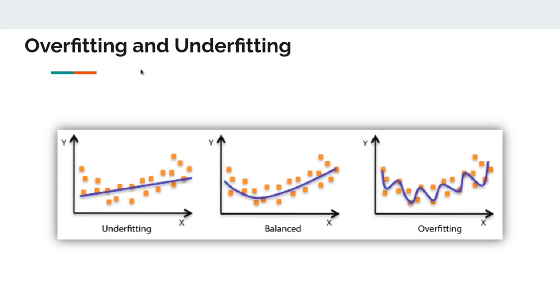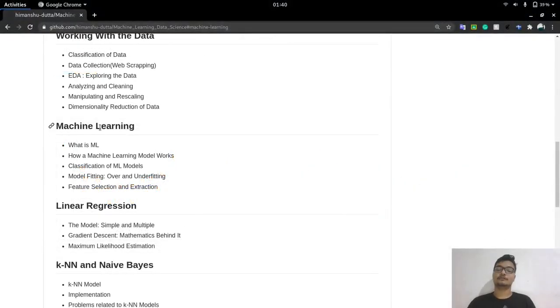So this basically covers the various topics that I wanted to discuss before getting into different models. This will give you a basic idea of how machine learning models actually work, how we classify them, and why we classify them. Then comes feature selection and extraction, which is just understanding which features work for our model and which don't.